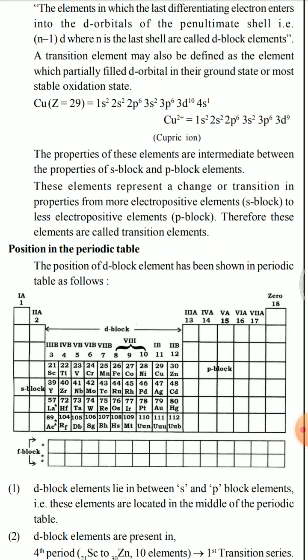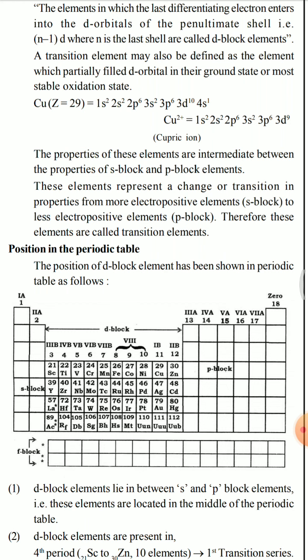You know, in S block, the last differentiating electron enters into S orbital of the valence shell. That is, the general electronic configuration of S block is ns1 to 2. Here n means valence shell, the nth shell, the last shell.